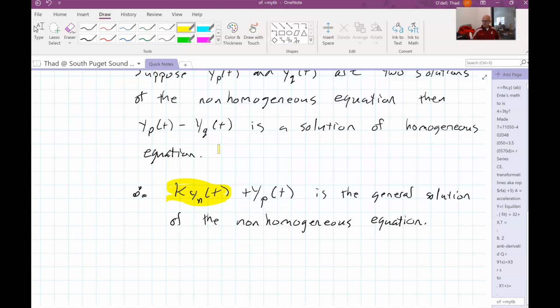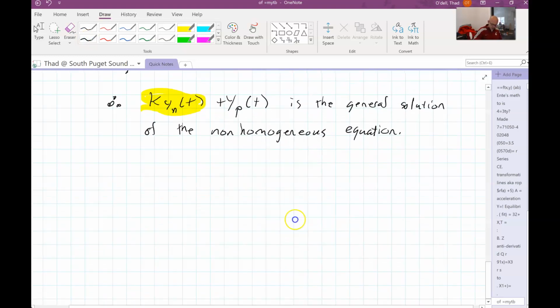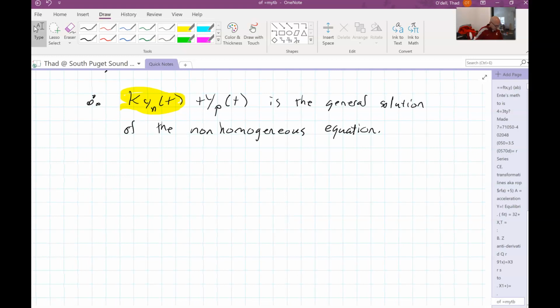In other words, something that represents all solutions. Okay? So let's do an example now. It always makes more sense once you do an example.